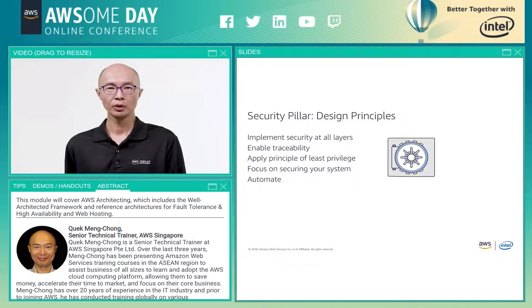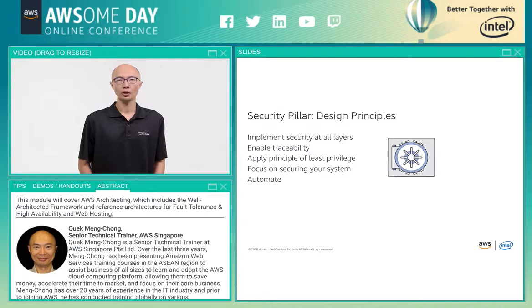Another useful design principle is the principle of least privilege. Make sure that authorization within your environment is adequate and that you are implementing strong logical access controls to your AWS resources, granting minimal privileges for business requirements.